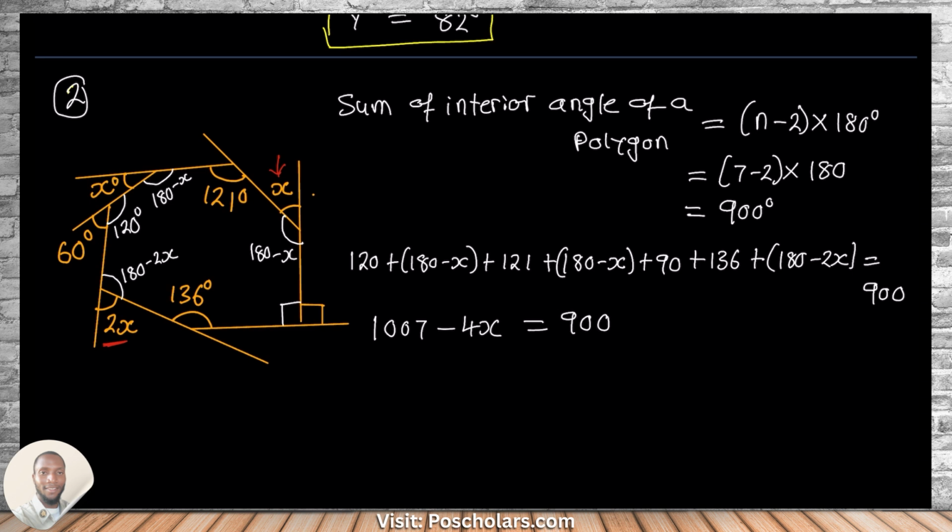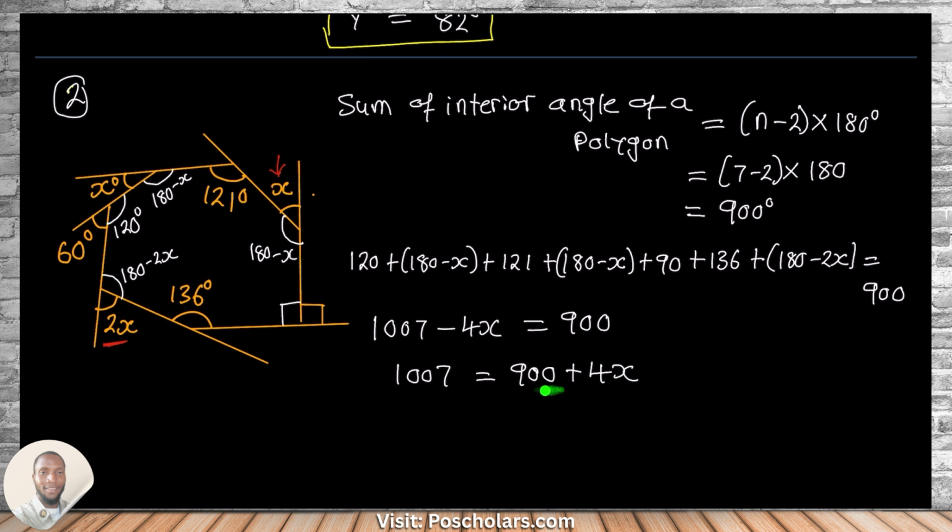So what we can do now is, I don't like my variable having negative sign, so I will add 4x to both sides. When I do that, I'll be left with 1007 in the left hand side equals 900 plus 4x. You can see I did it to both sides. Now same thing again, I will subtract 900.